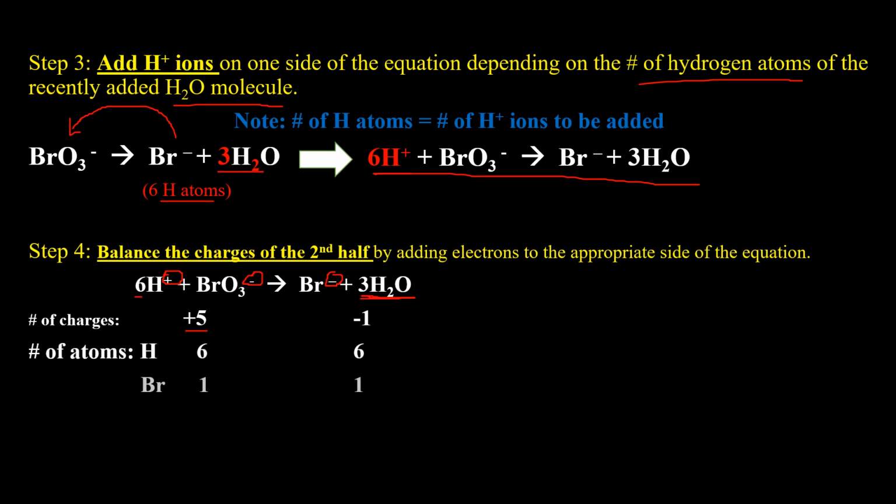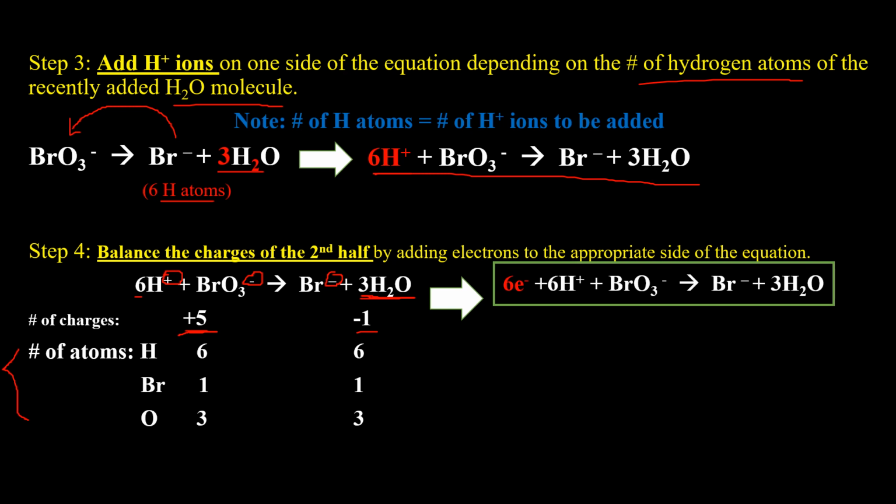And then don't forget also to check the number of atoms if they are already balanced. For hydrogen, they're both 6 already, bromine 1, and oxygen both 3. So no need to change the coefficients of the equation. So all we have to balance is the number of charges. So how are we going to make positive 5 equal to negative 1?